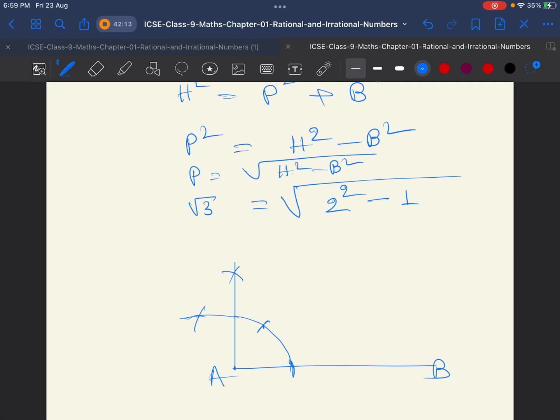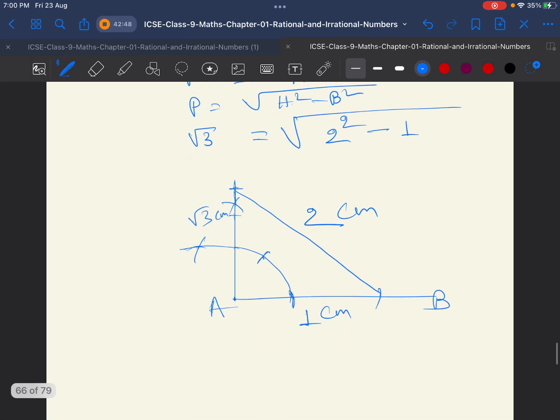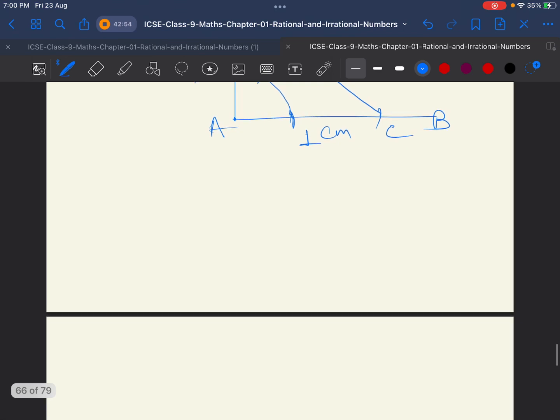The perpendicular is root 3 and the base is 1. So first we cut root 3. From here we cut this point. This is the hypotenuse, this is 2. So the base is 1 centimeter, this is 2 centimeter, this is root 3 centimeter. This is C and this is D.